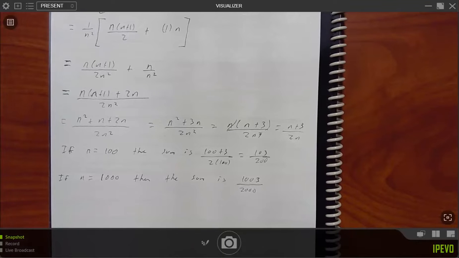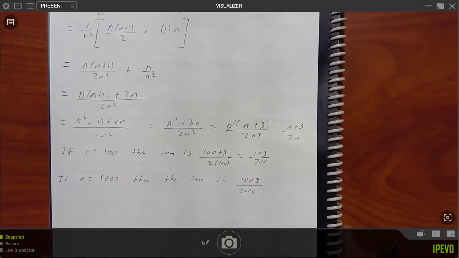Or let's talk about limits and series. I'm gonna turn the page here. You guys cool on this page?